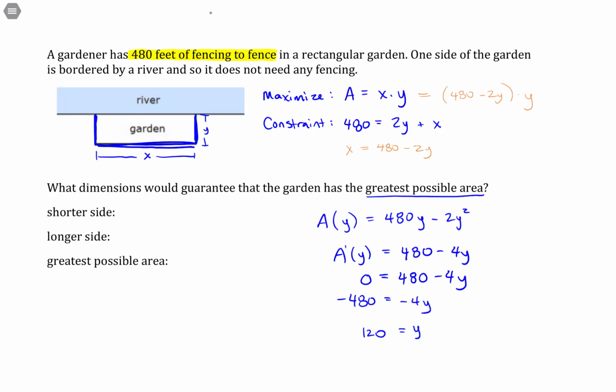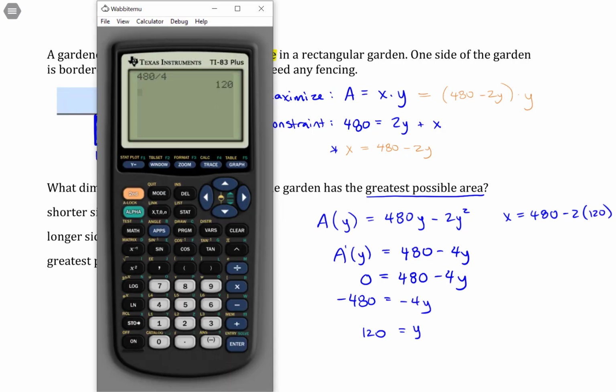But I can use this and figure out what the longer side is through the constraint formula, because right here I know that x is 480 minus 2 times whatever y is. So if I know that y is 120, then 480 minus 2 times 120 is 240.